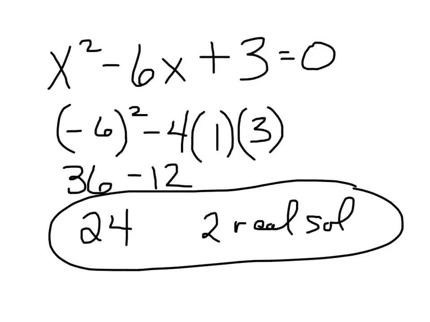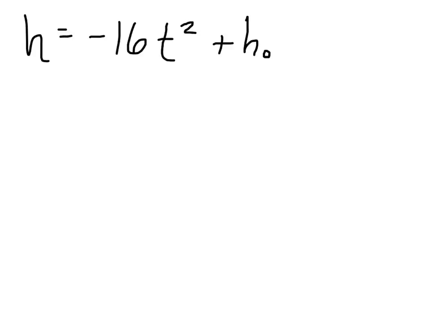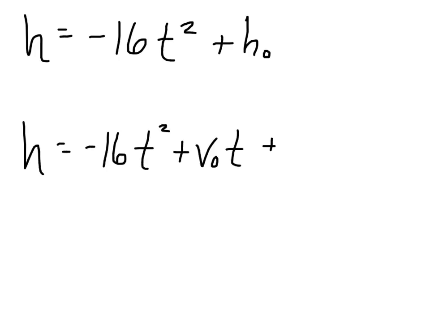Good. Now the last kind of problems that you're going to have today, just so that you know, that's the majority of them. Then you have 2 different types like this. You have h equals -16t squared plus h0, or you have h equals -16t squared plus v0t plus h0.